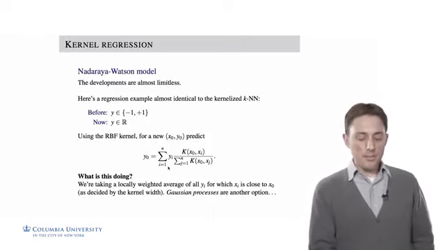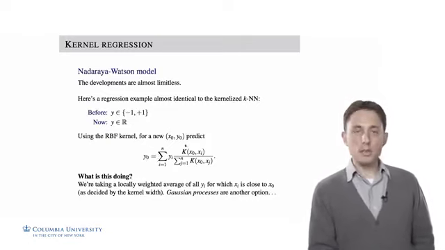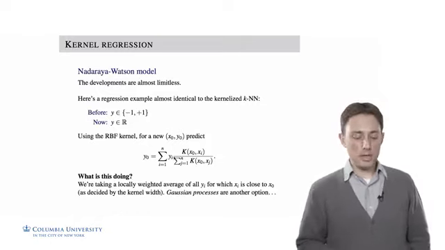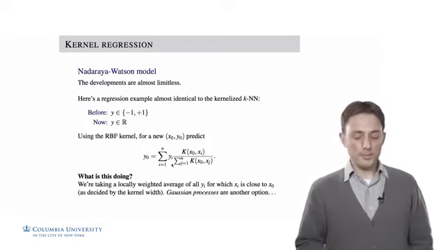Remember, the soft KNN model declared y0 to be the sign of this function, where these yi's were +1 or -1. Now y is a real valued number, and we're going to predict a real valued number.